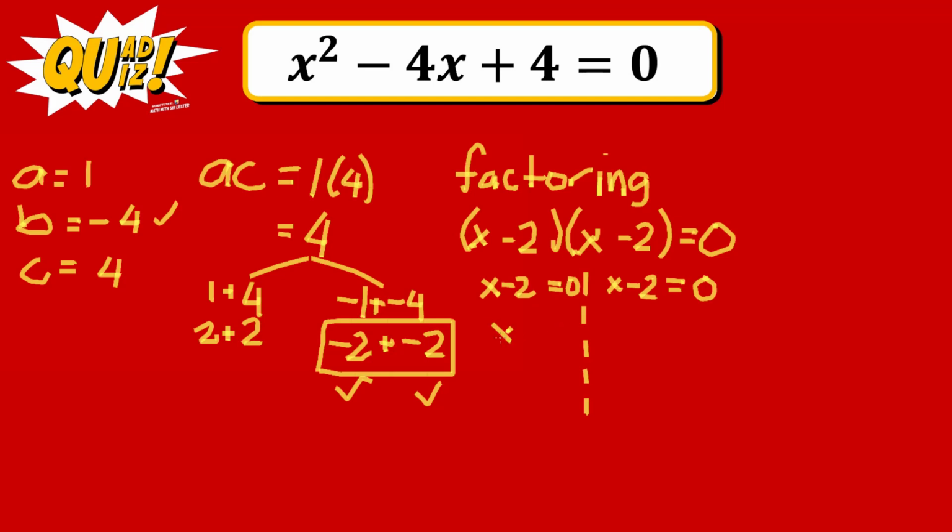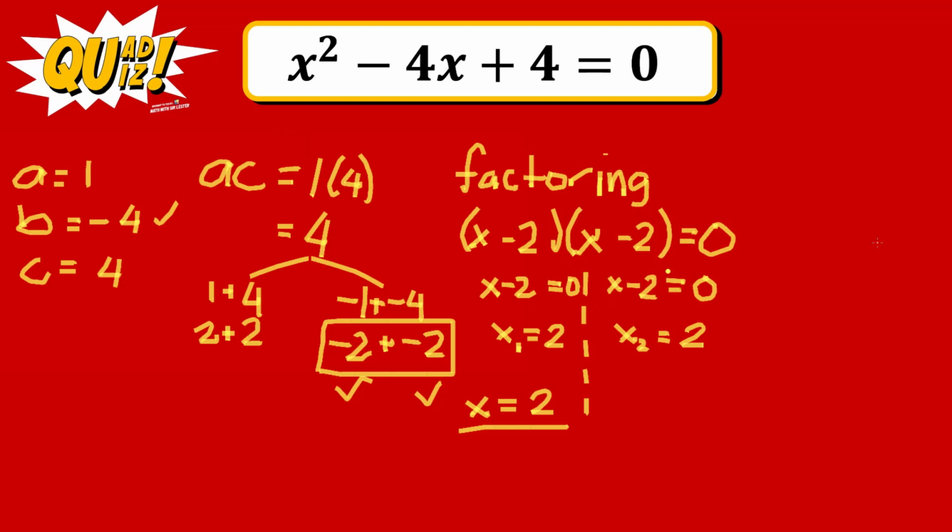So with this, our first root is positive 2. Our second root is also positive 2. See, our answer earlier for our root is we only have 1, and that's 2. But there is a multiplicity of 2, okay, for 2. But this will actually be enough for our root of the quadratic trinomial equation here given.